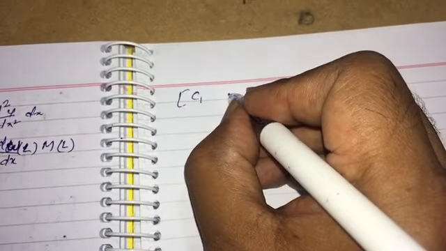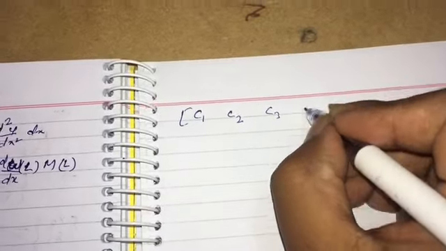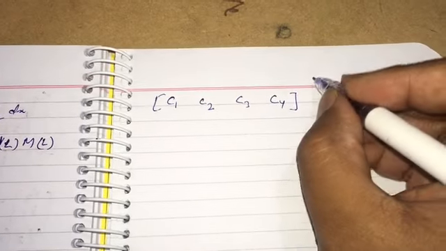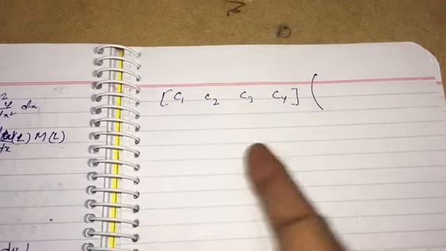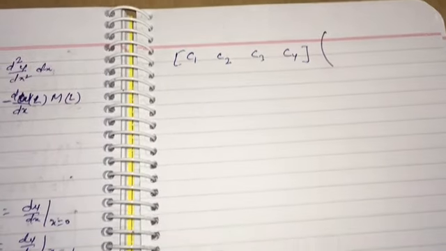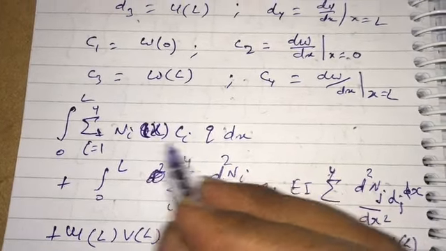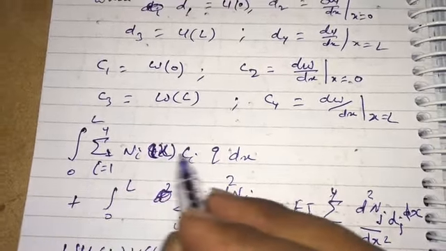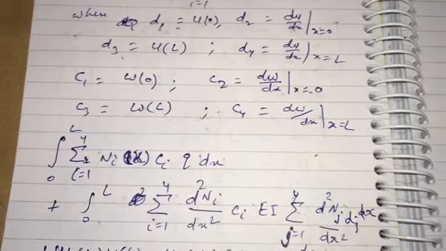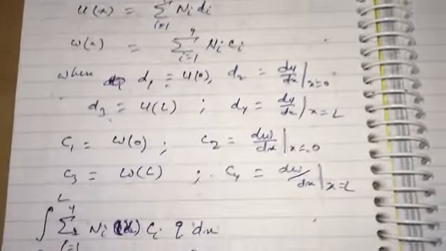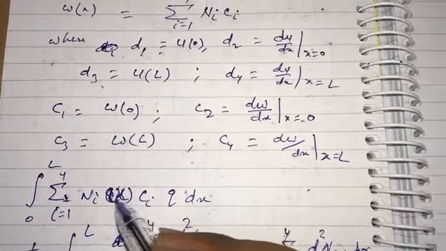So we write C1, C2, C3, C4, everything common, so C1, C2, C3, C4, let that be a one-row matrix. Then what do we get here?